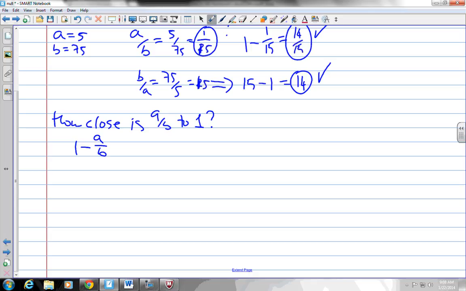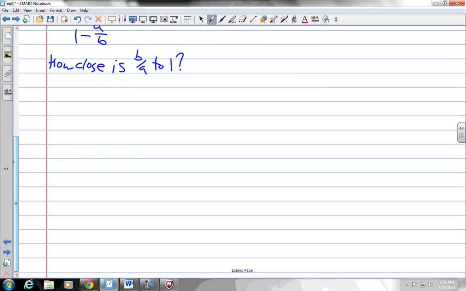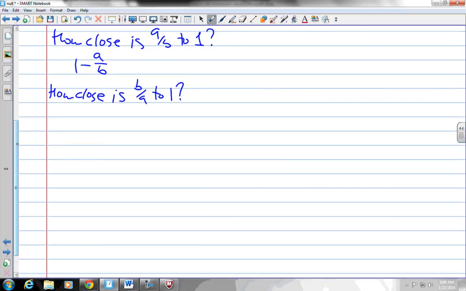And how close is B over A to 1? Well, it's B over A minus 1, like we did before, numerically. So now we literally have to compare which one of these numbers is bigger or smaller, right?